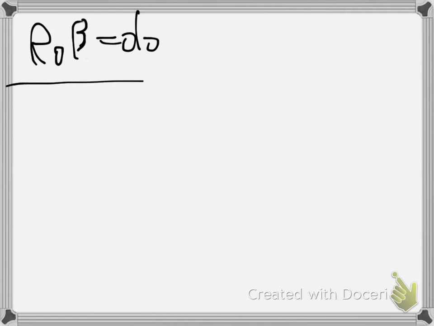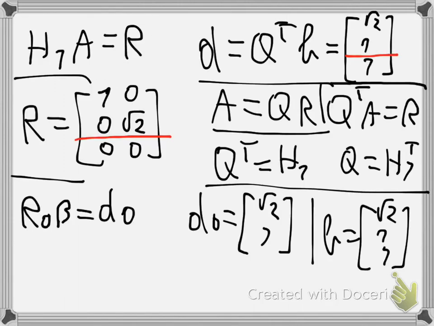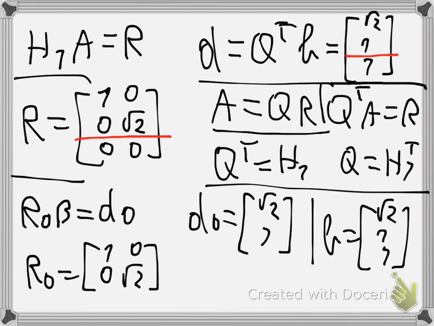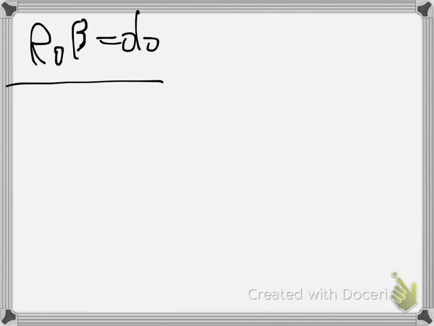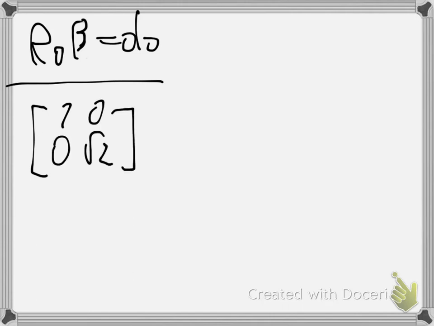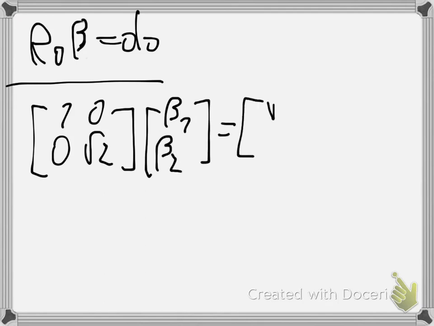Okay, and so we know R0, which is 1, 0, 0, square root of 2. We know d0, which should be a 1 here, and so we will get that 1, 0, 0, square root of 2 times beta 1, beta 2 is equal to square root of 2, 1.